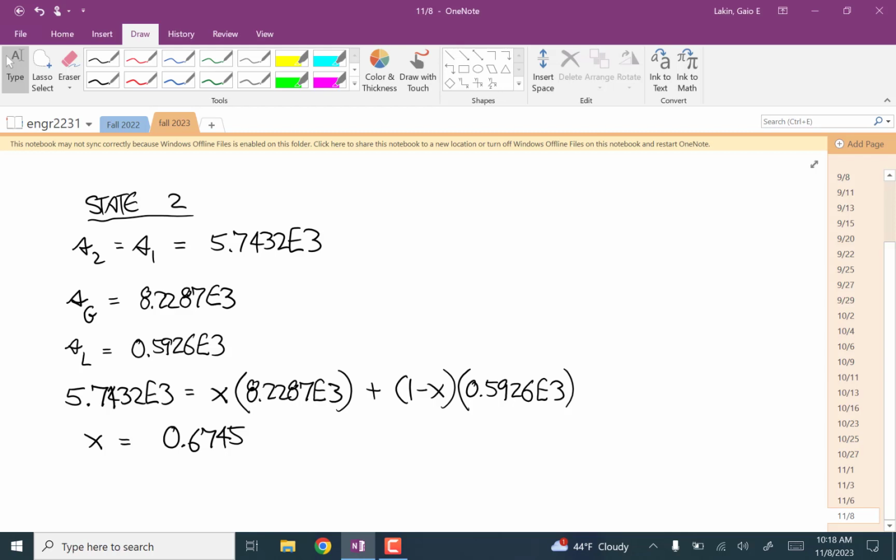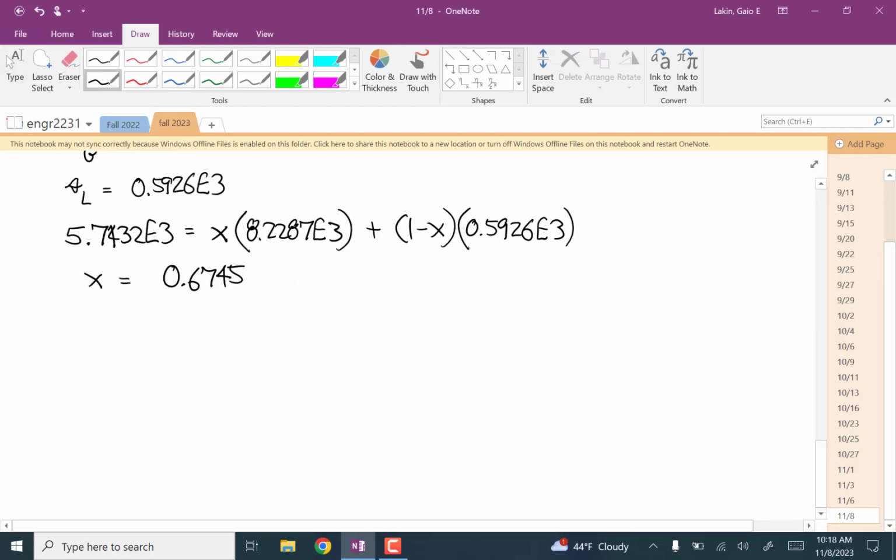Well, now that we have that, we can use that to calculate the specific enthalpy, which is what we're looking for. The table says that H for the gas is 2577 times 10 to the third, and H for the liquid is 173.88 times 10 to the third.